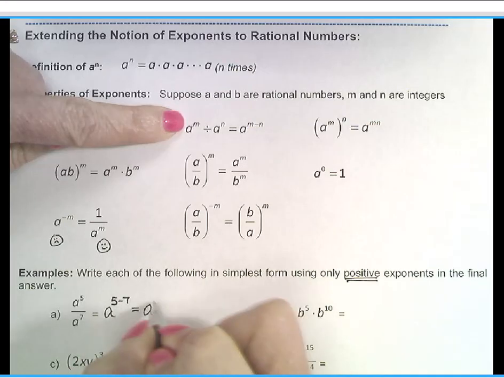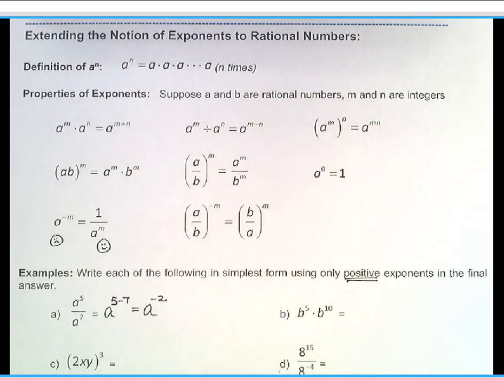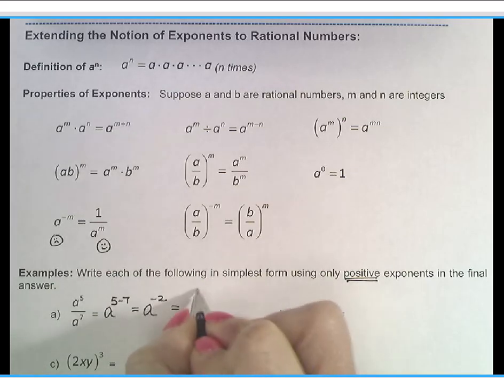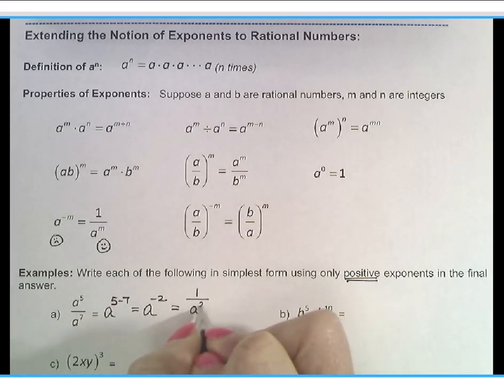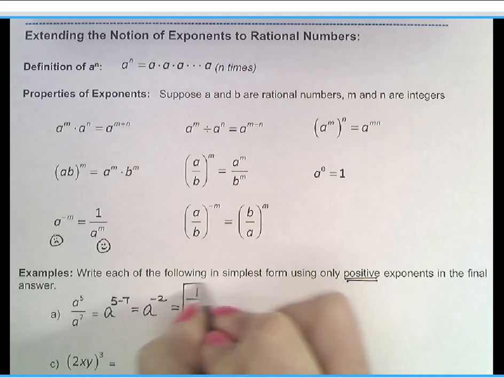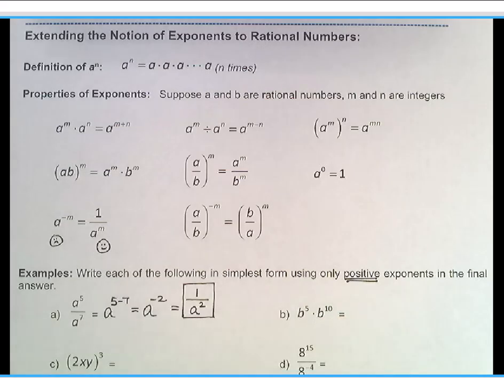And 5 minus 7 is negative 2. So the only problem is it said we don't want to leave anybody negative, no negative exponents. So that means he'd be happier in the basement. And then you can just make it an a squared. So 1 over a squared. That's how that one would simplify. We subtracted the powers and then moved this negative exponent to the basement to make it positive.